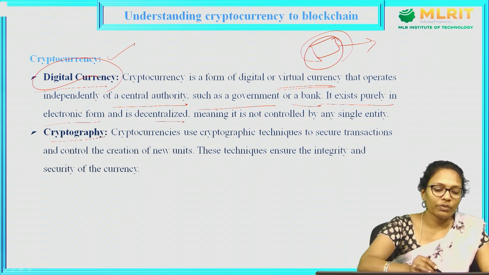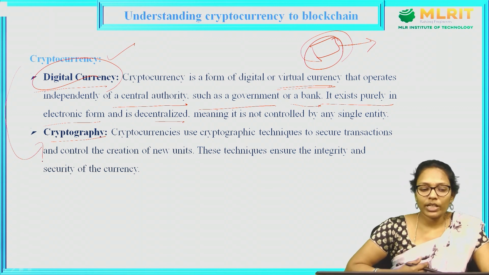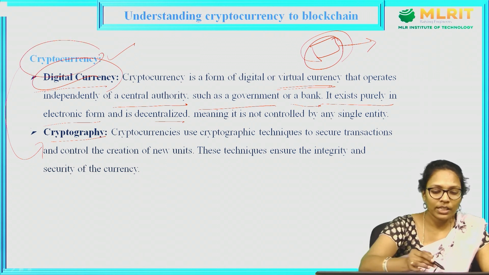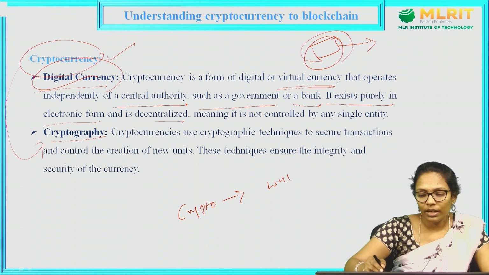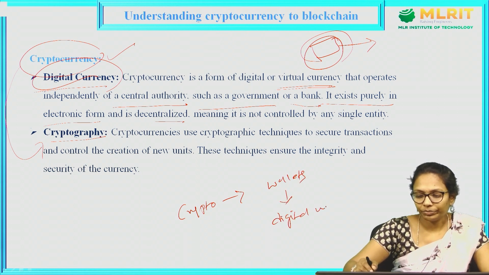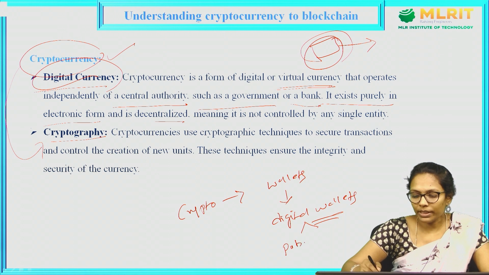And cryptography. This cryptocurrency follows cryptographic mechanisms to provide security. For example, cryptocurrency is maintained in wallets, and those wallets are called digital wallets. These digital wallets are maintained using two keys: one is the public key and the other is the private key.